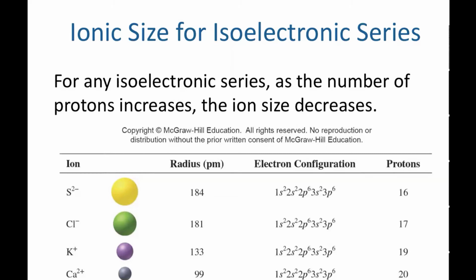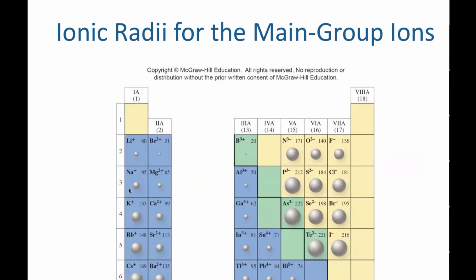So if they have the same number of electrons, but potassium has more protons, it's going to be smaller. This is a different kind of periodic trend. You can do ion size for what they call isoelectronic atoms. This is showing isoelectronic ions across a period.